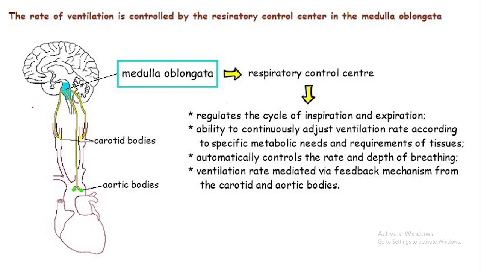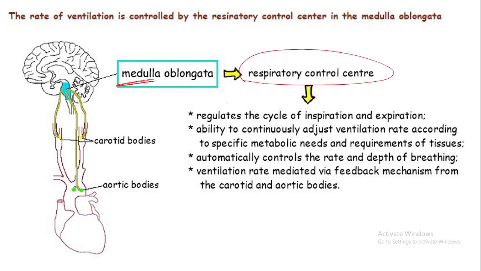Which part of the brain takes care of respiration? In case there is less oxygen or more carbon dioxide, the instruction has to come to the respiratory system from the brain, and it is the medulla oblongata which has taken that responsibility. It is said to be the respiratory control center.